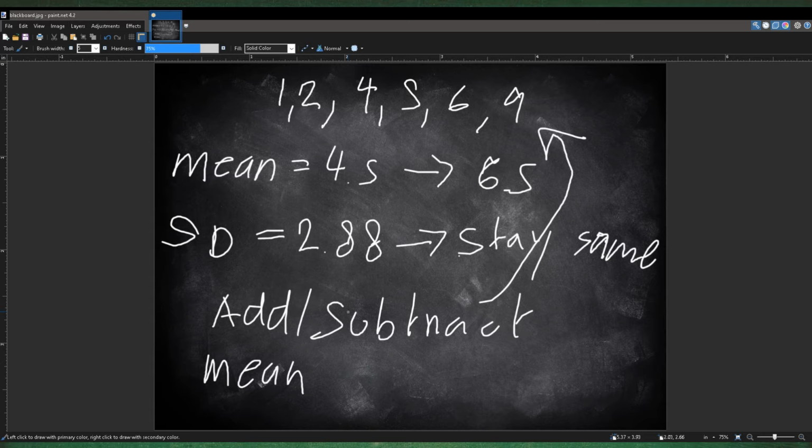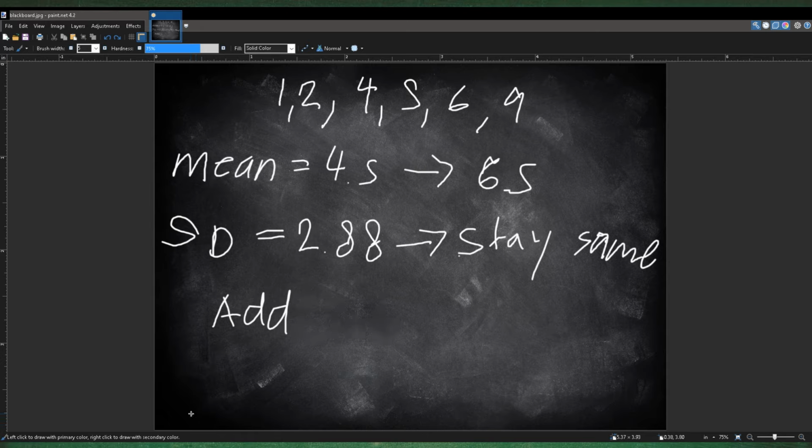You have to do it for all of them. You can't add 2 to just one and expect the mean to change by 2. It doesn't work that way. But if you add 2 to each of them, the mean will increase, but the standard deviation would never change. Basically, you're adding or subtracting. And that's the basic gist.